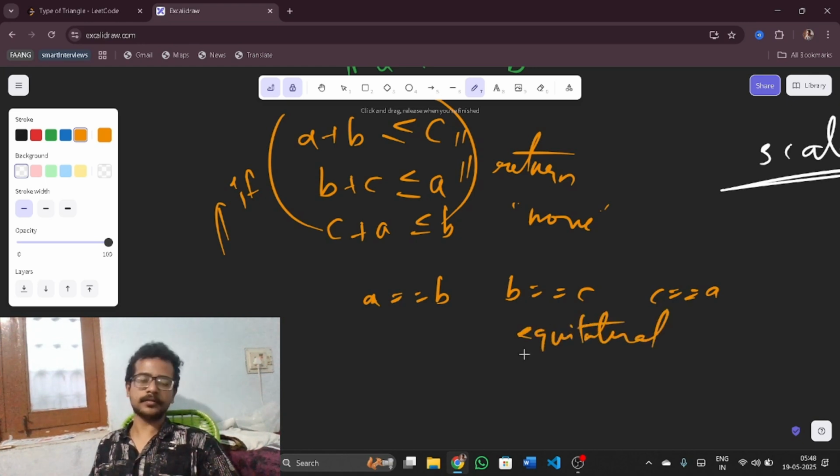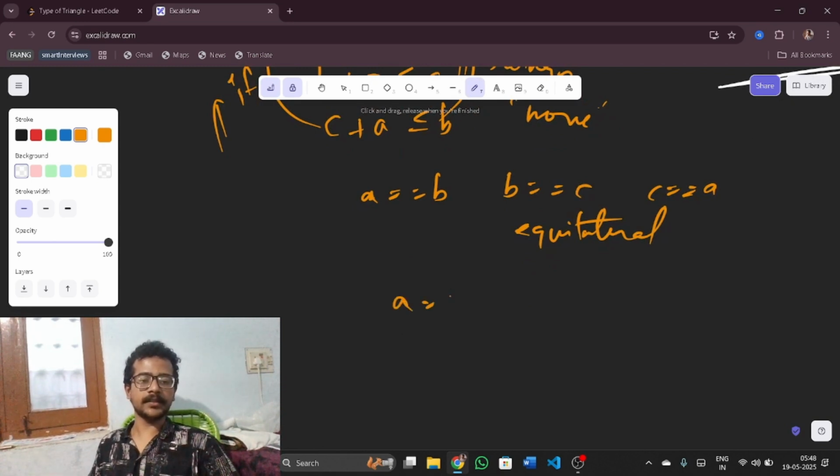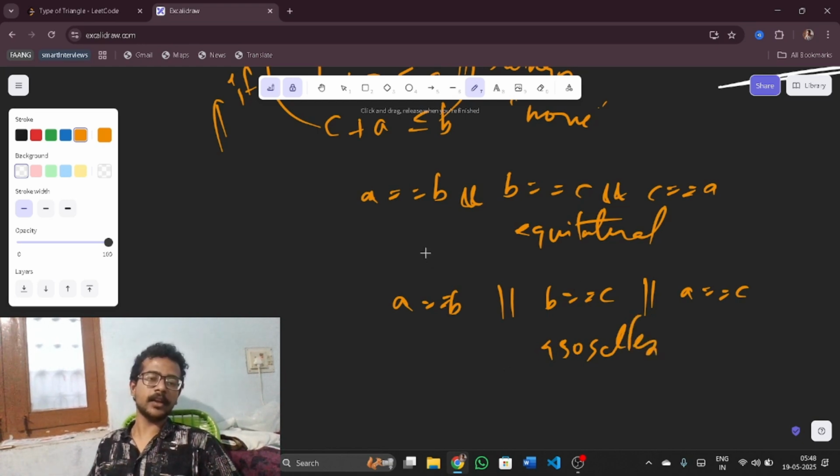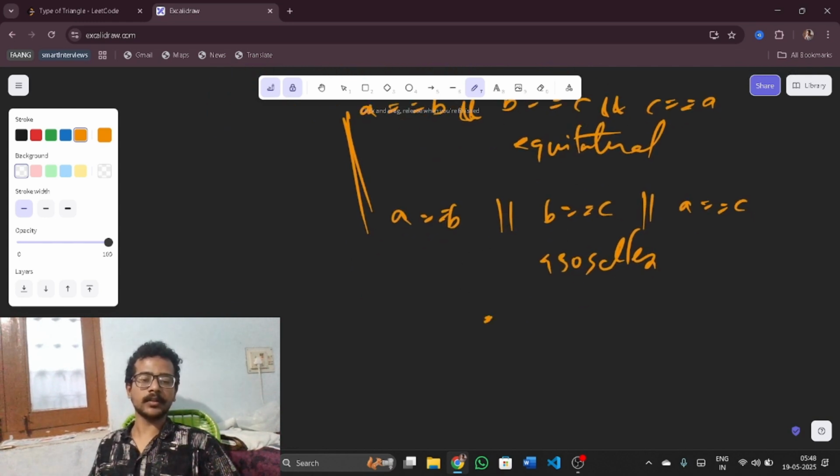If A equals B or B equals C or A equals C, then we would return isosceles. If these two conditions fail, then we would return scalene. We return a string every time.